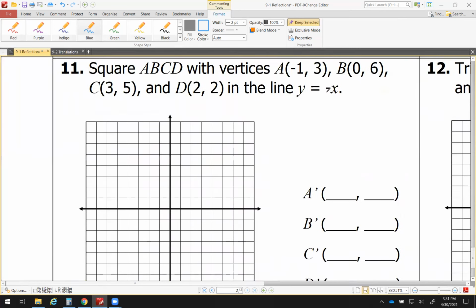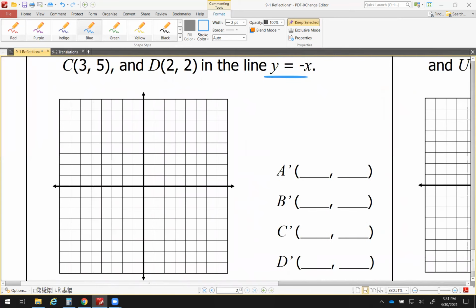Okay. So take a look at number 11. We've got the line y equals negative x. I will draw that in right now. Y equals negative x connects the top left to the bottom right.